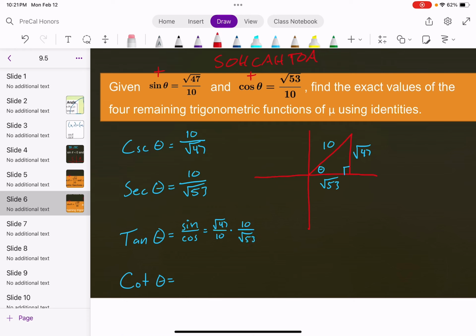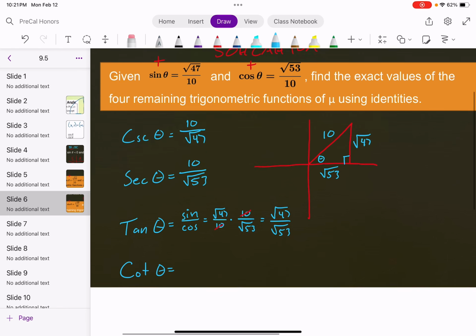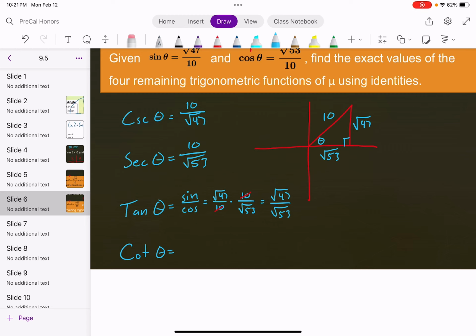Notice our 10s cancel out, and we're going to end up with the square root of 47 over the square root of 53. Our cotangent, remember, is the inverse of tangent, which means cosine over sine, which is the same as the square root of 53 over the square root of 47.